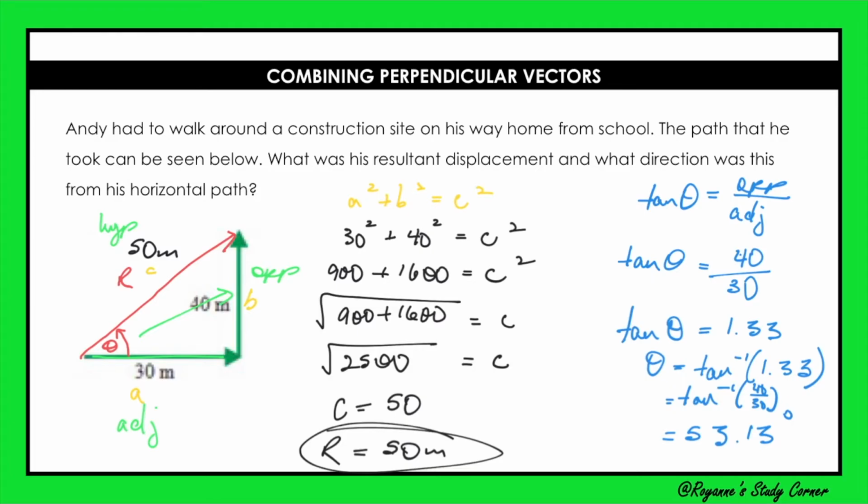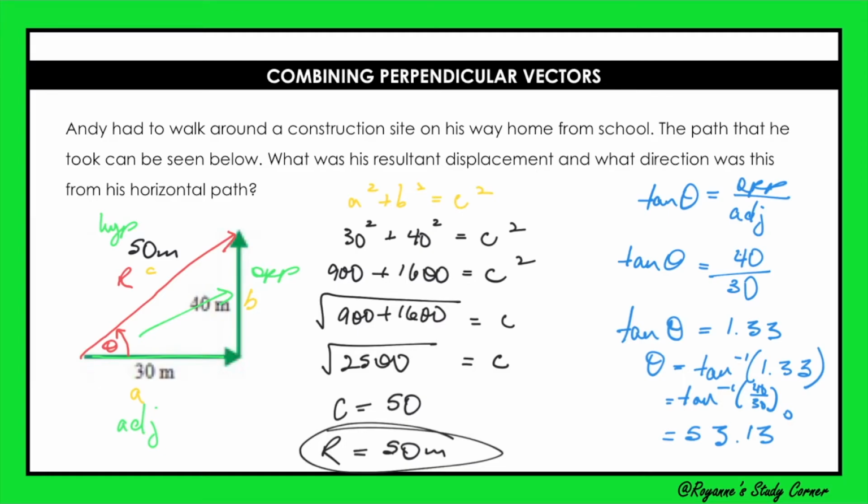So we've found the magnitude of the resultant, that is 50 meters, that is his resultant displacement. We've found the angle that resultant is away from the horizontal. So it wasn't stated in cardinal points, east, west, north, or south. It was given as a degree from the horizontal. Now usually they ask you to do it from the horizontal, but sometimes they ask you to do it from the vertical as well.